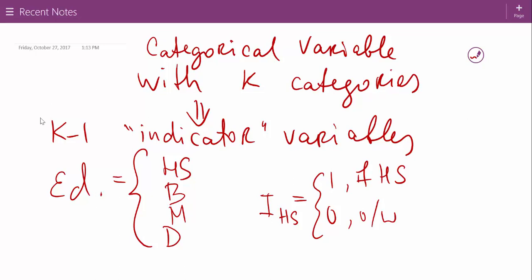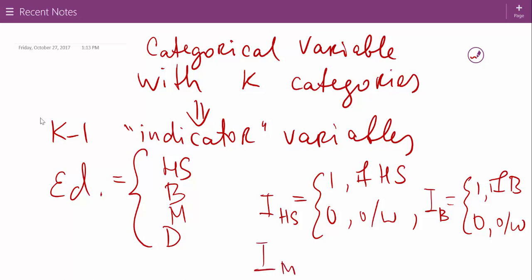Then I have another variable that represents bachelor degree. Same thing, 0, 1. 1 if they completed bachelor degree requirements, but nothing else above that, and 0 otherwise. 0 means it's either high school or masters or PhDs, right? And then another variable that I will have is I for the masters, 0, 1. So 1 if they have master's degree and 0 otherwise, okay? And that's it. K minus 1 is all I need to represent all 4 possibilities.